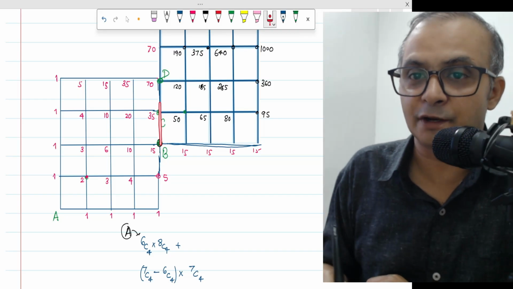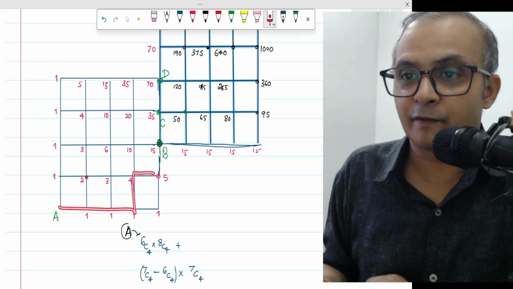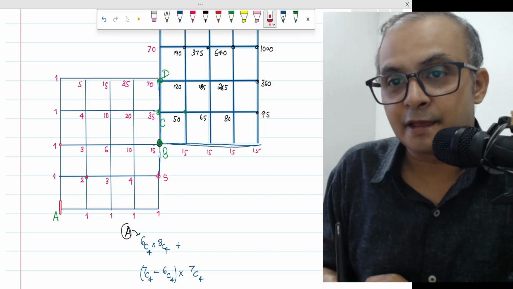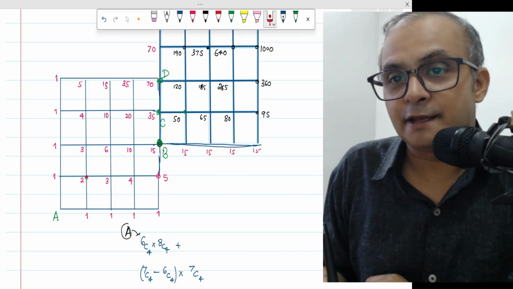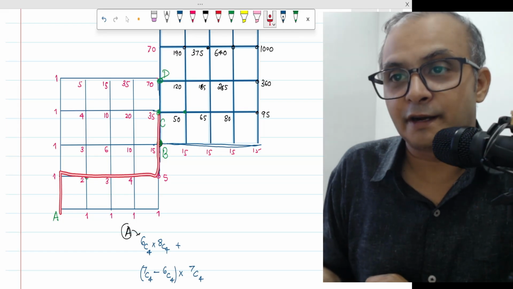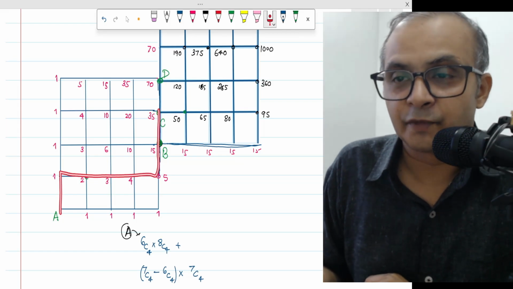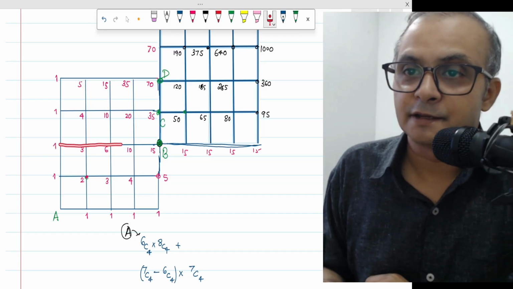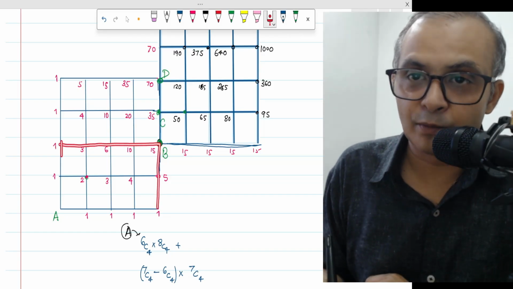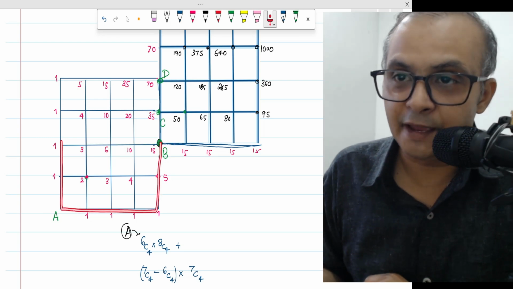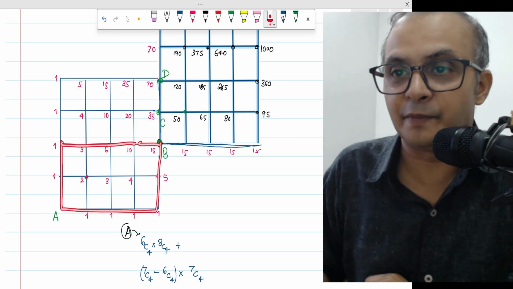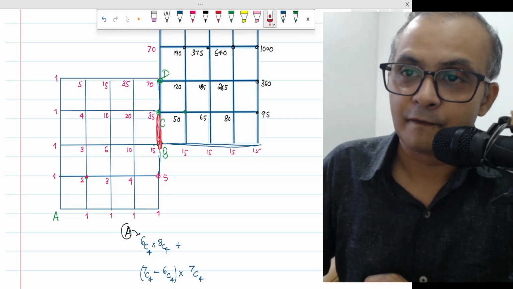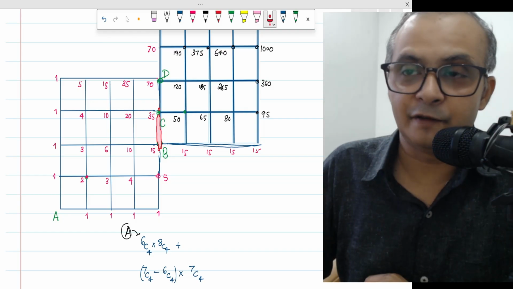It means you are coming from A to B, and then moving from here to C. In that you have also counted that. So I have to remove that. How do we remove it? We simply remove the number of ways in which you move to B from A, because when you move to B, it is automatically counting the number of ways from B to C.